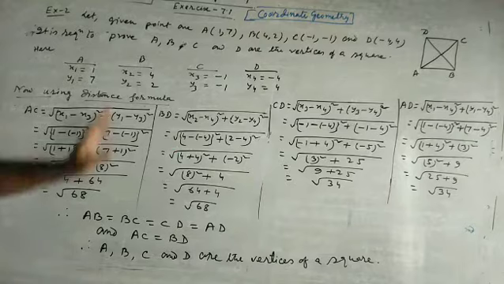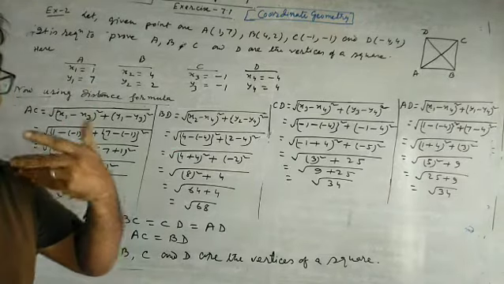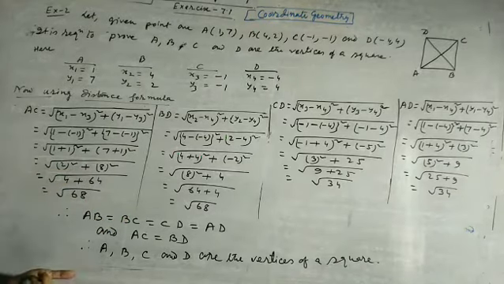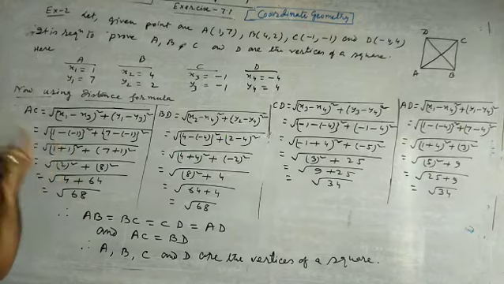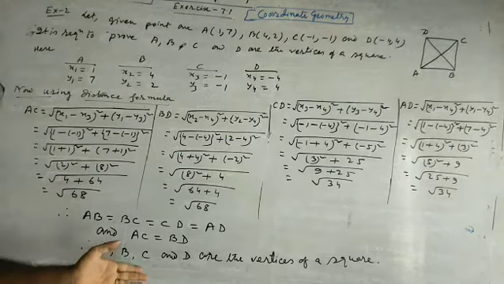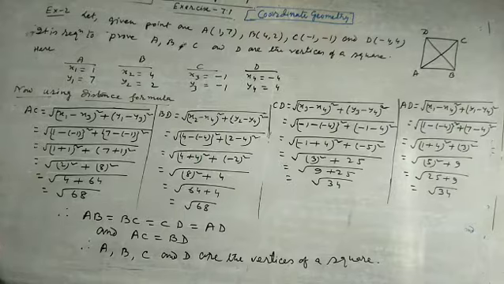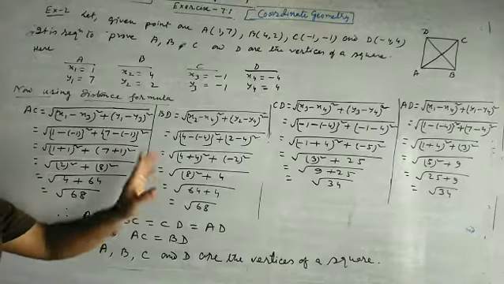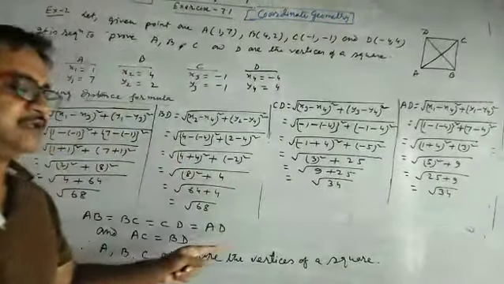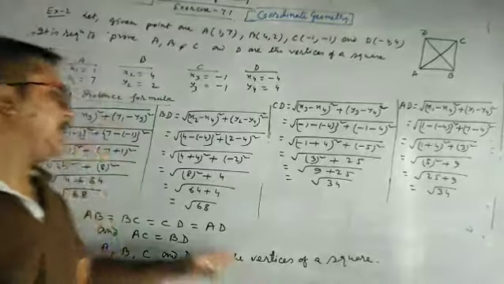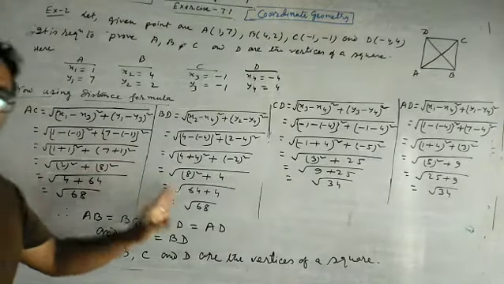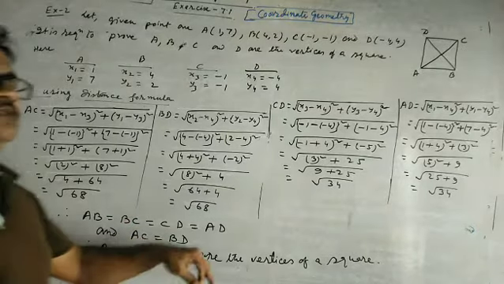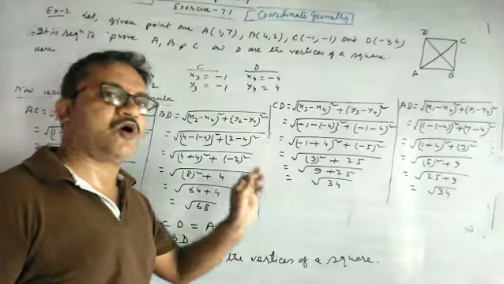So I hope that if 4 points are given and you are asked which type of quadrilateral they form, we find the 4 sides and their diagonals. If 4 sides are equal and their diagonals are equal, then the quadrilateral forms a square. If 4 sides are equal but their diagonals are not equal, then the quadrilateral becomes a rhombus.